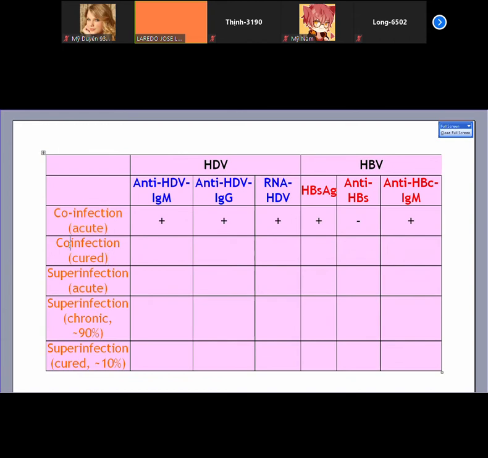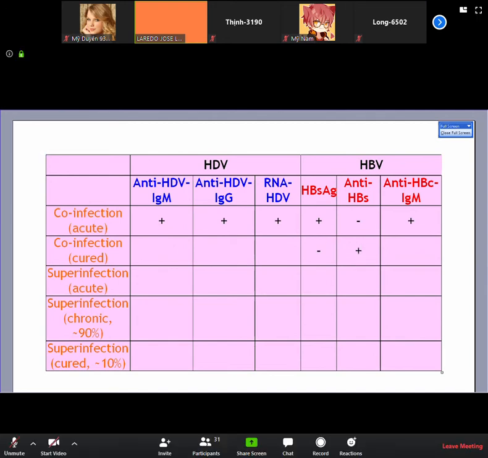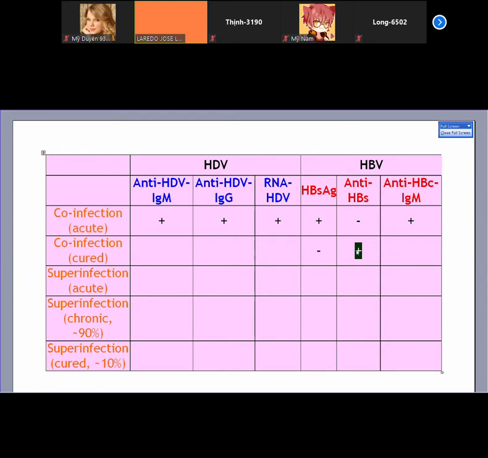What happens to this patient with co-infection? As I told you before, most of these patients recover completely. Most of them cure. So what's the profile in a recovered patient? The surface antigen becomes negative because the patient has recovered from hepatitis B. Antibodies against the surface antigen become positive because the patient has recovered.